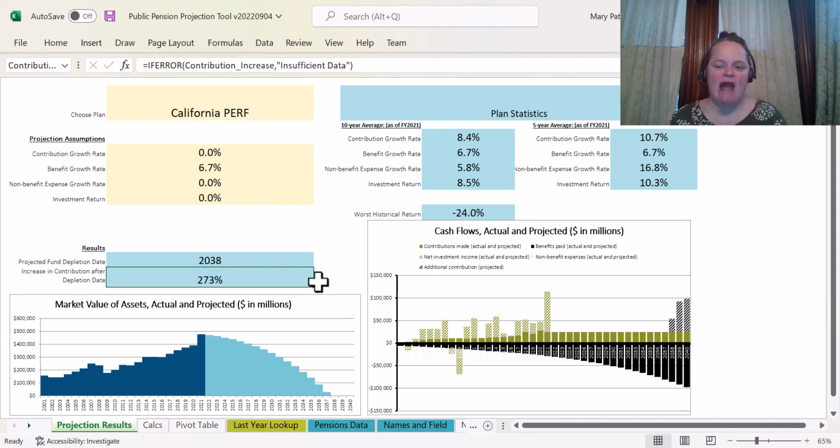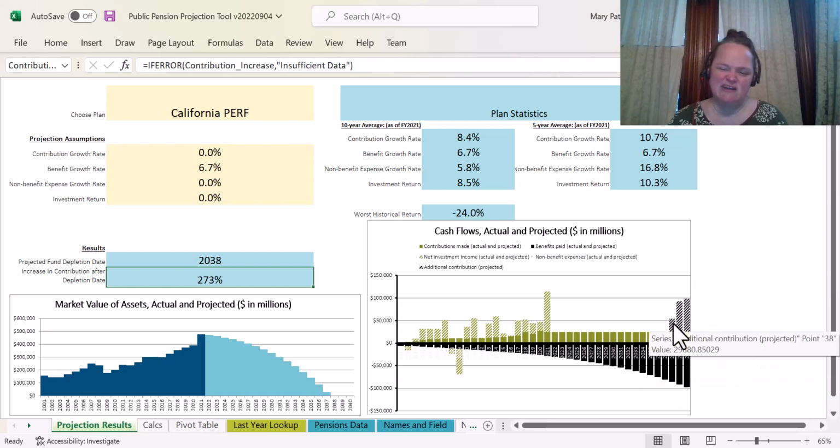And then how much do you have to increase the contributions from 2037 to 2038 or 2039? This one is a 273% increase, from 2037 to 2039.